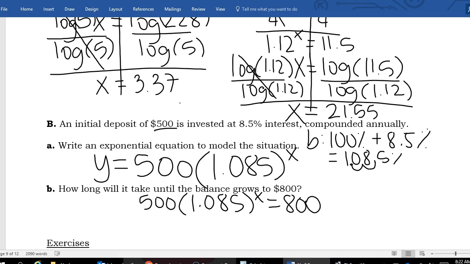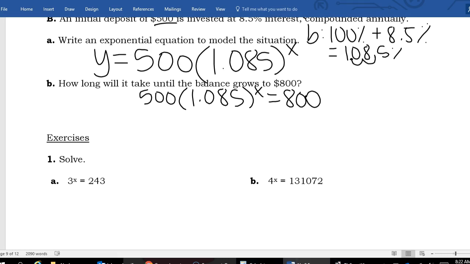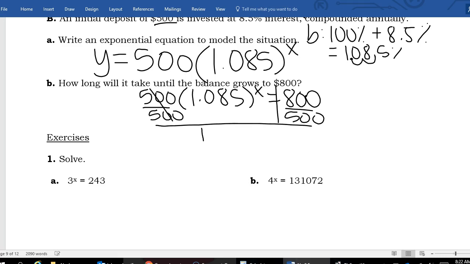And we'll solve this the same way that we solved example A part B. Two-step solution: divide both sides to get rid of that 500, and then log both sides to get rid of the variable power of x. 1.085 to the x equals 1.6, and I'm going to add logs on both sides. What that does is make my x a big x, no longer a power x.